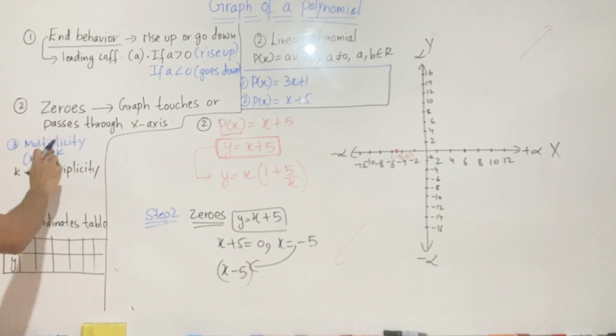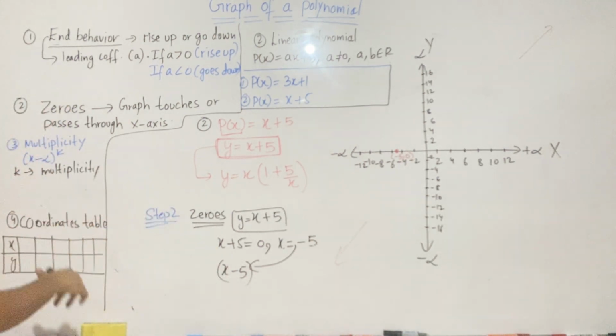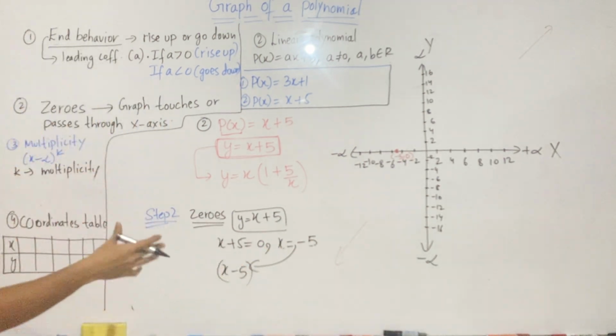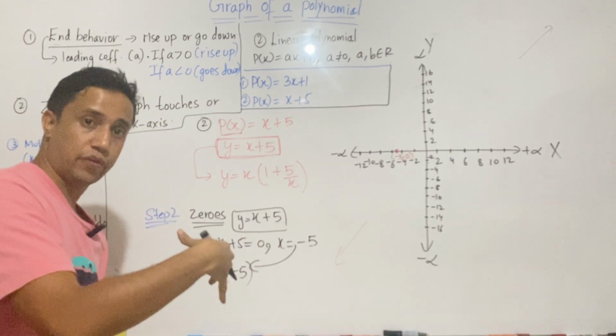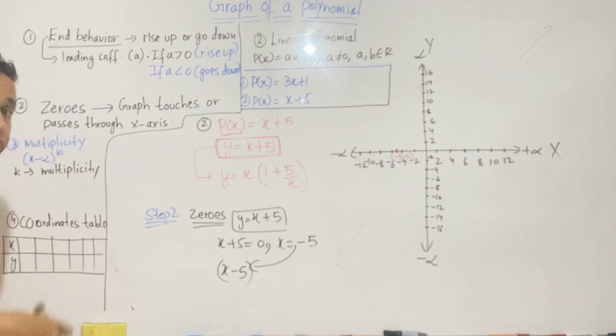It means the exponent of the factored form of the zero.